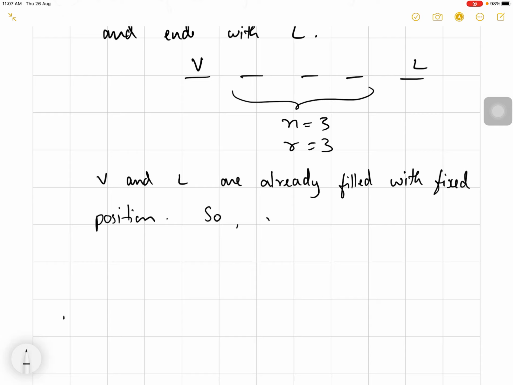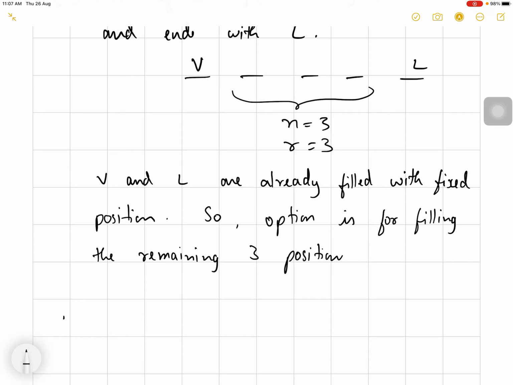So the option is for filling the remaining three positions with 3 different letters.